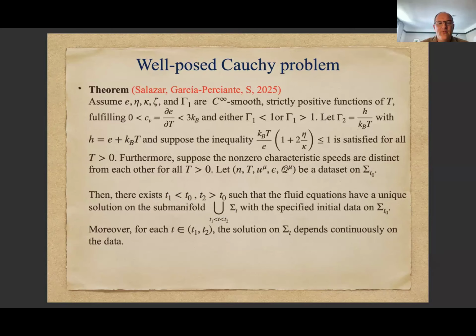Moreover, this solution depends continuously on the data in the Sobolev space I told you before. So this is the theorem that shows you that at least you can evolve, at least locally in time, your initial data.